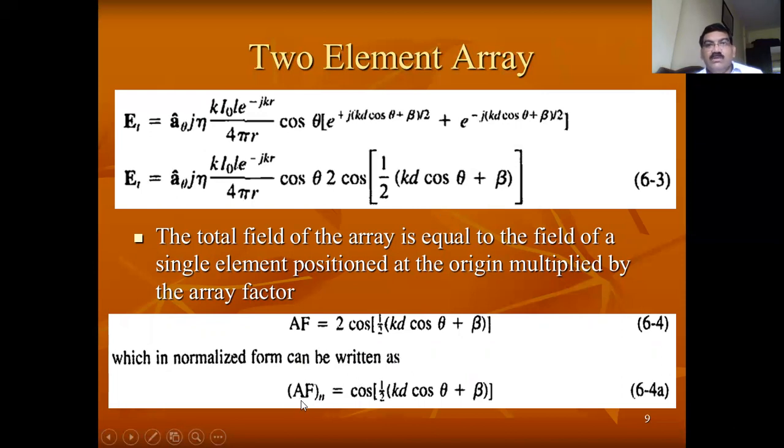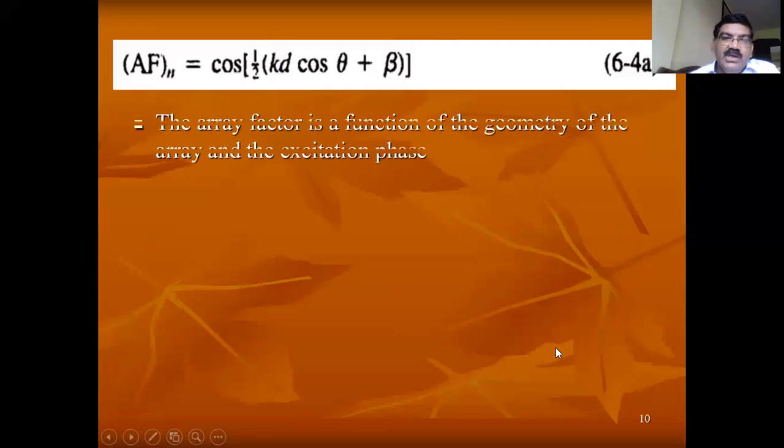So in the normalized form, this array factor can be written in this way. The array factor is given for an element. As these are two elements, that's why the 2 came. If the array factor is normalized, the 2 will not be there.